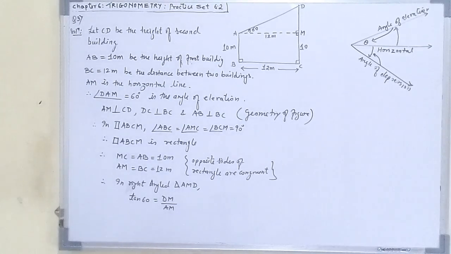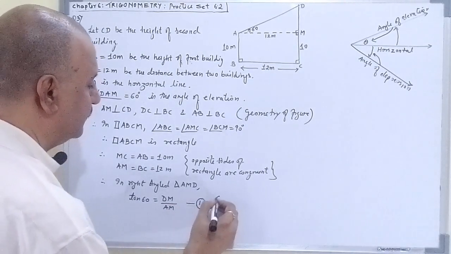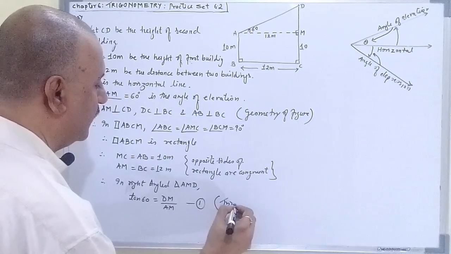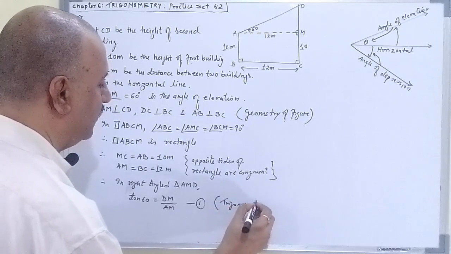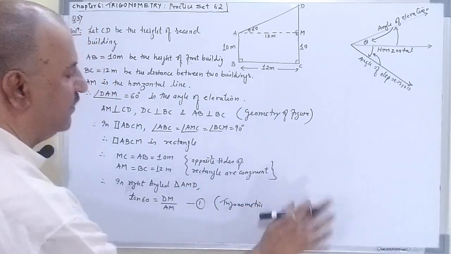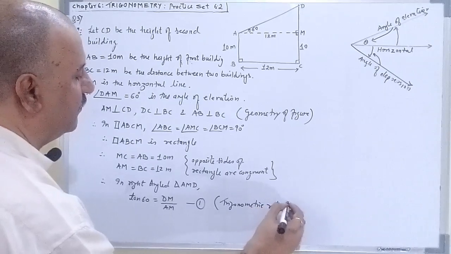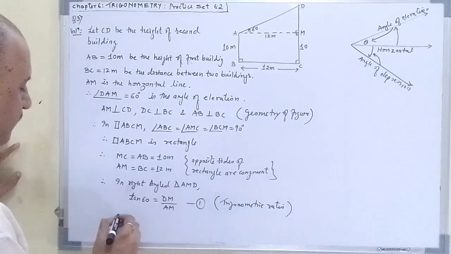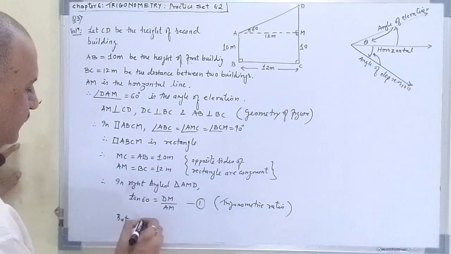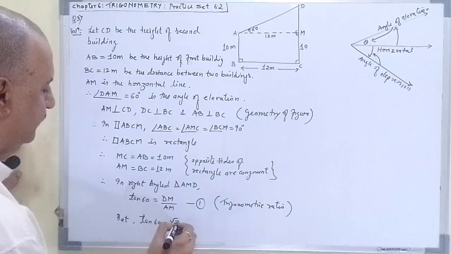Trigonometric ratio लिखो तो भी चलेगा. But tan 60 is equal to root 3.